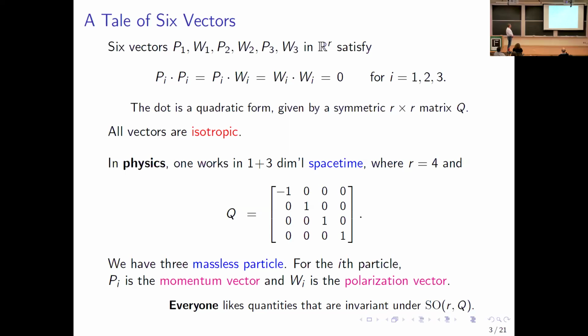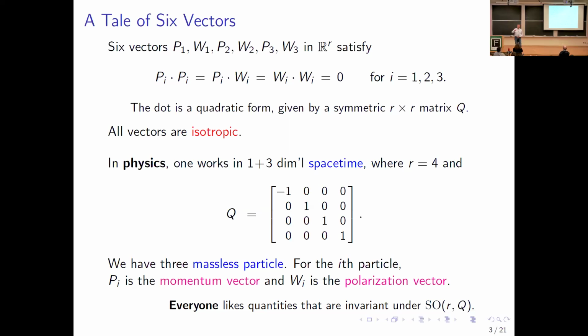Now, in the story that's coming later, there would be 3 massless particles, and each particle has 2 vectors associated to it. Pi is the so-called momentum vector, and Wi is the polarization vector. If these are massless particles, they will satisfy these isotropic constraints.